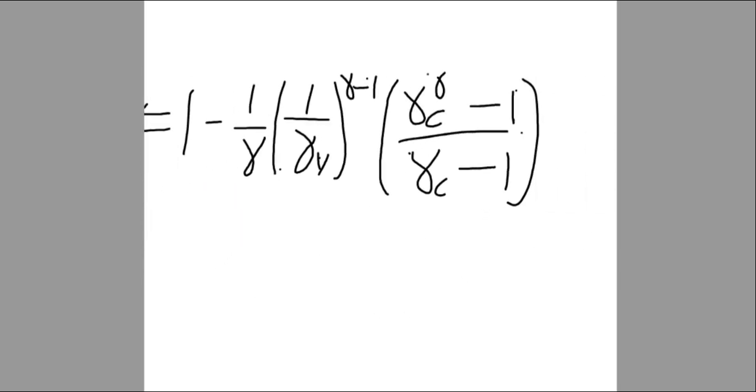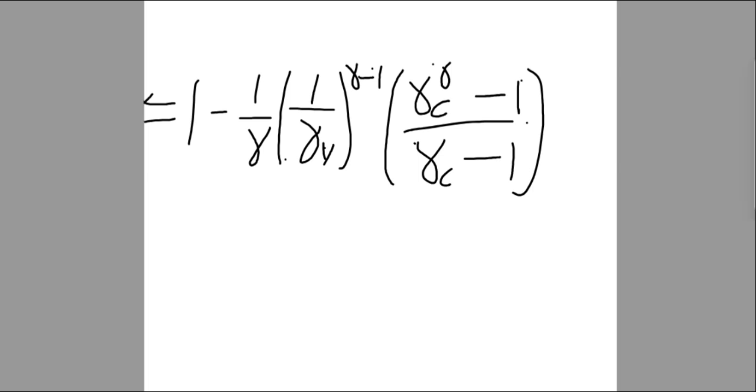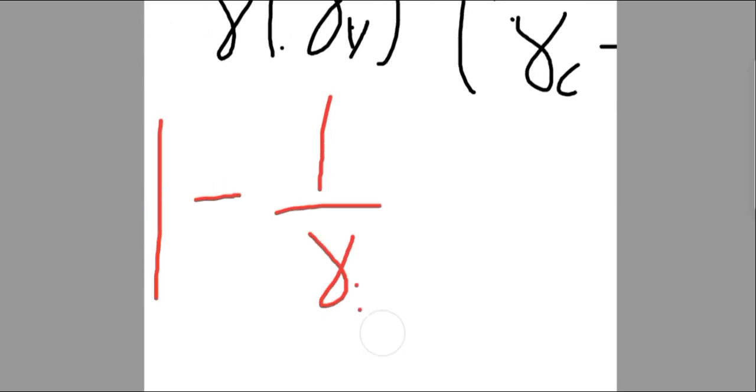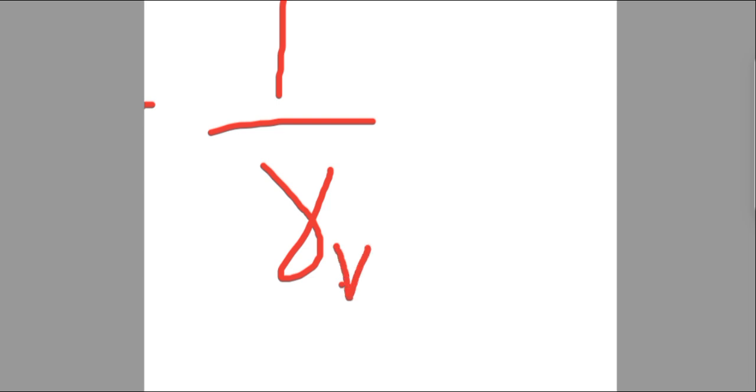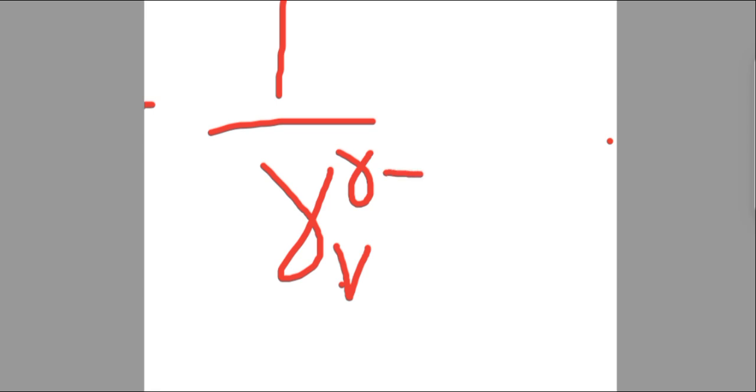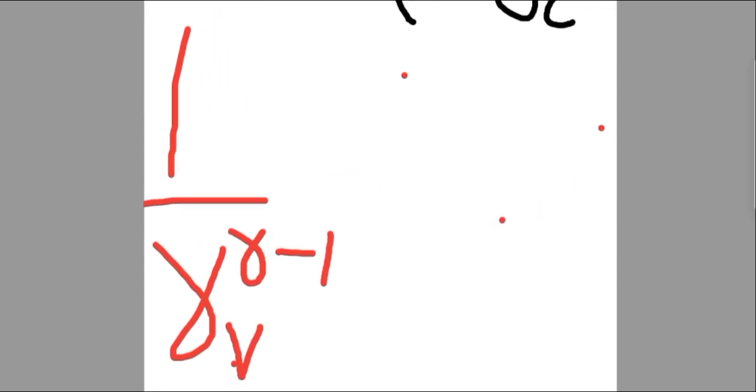If I simplify this, we are going to have here 1 minus 1 over our compression ratio, which is V raised to power gamma minus 1, then you multiply it by cutoff ratio raised to power gamma, then we have minus 1.